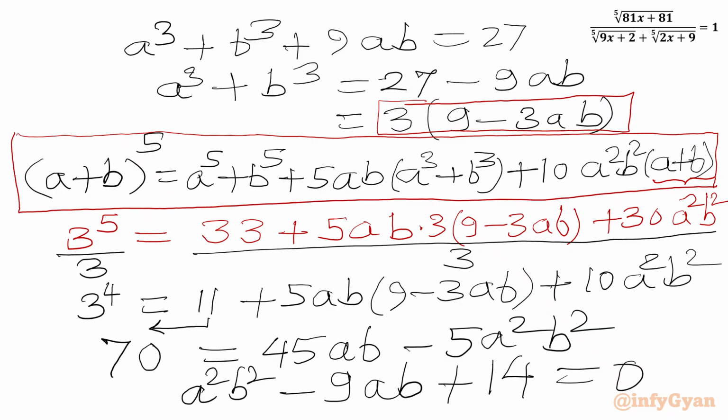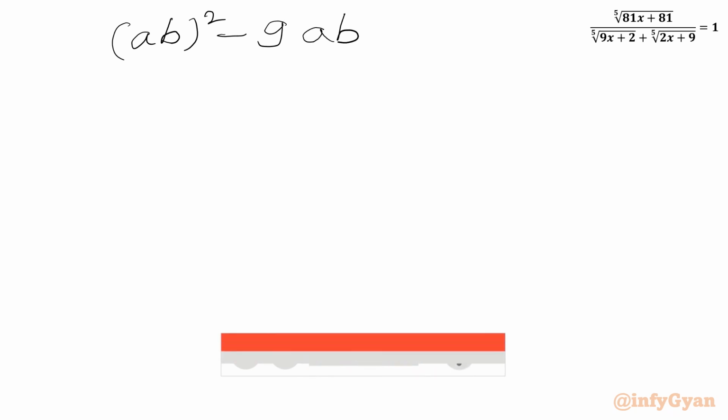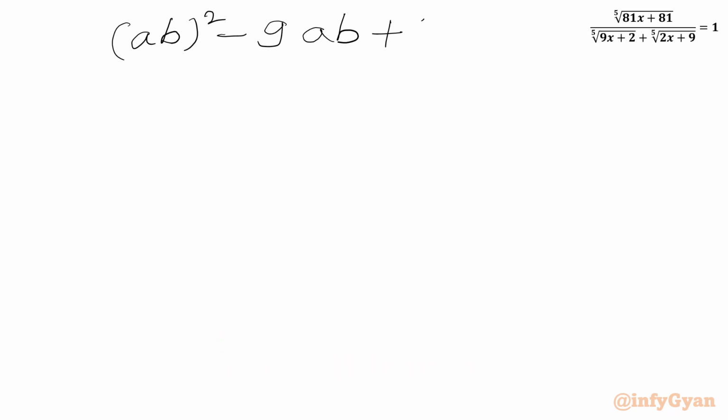Now we have to solve this quadratic equation, which is in AB, for the value of AB. So I can write the quadratic as AB whole square minus 9 times AB plus 14 equal to 0. Now we can see the factors of 14 as 2 times 7.